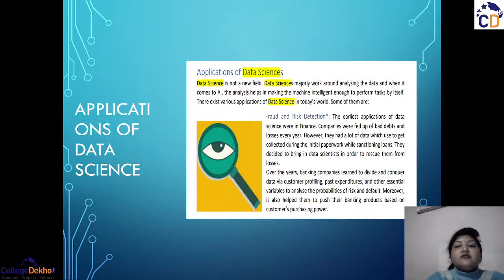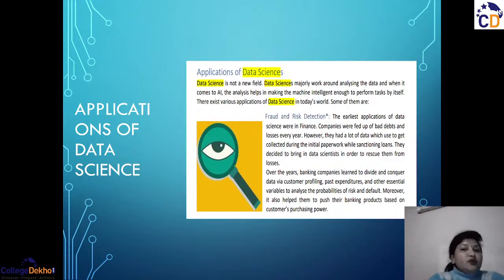Next, another application of data science is fraud and risk detection. Companies were fed up with bad debts and losses every year. You don't know whether to sanction the loan or not, whether the person is reliable or not.